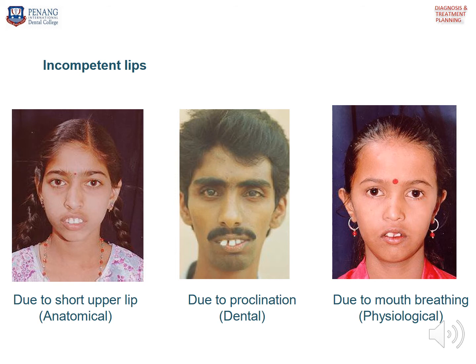If the incompetent lips are due to proclination of the upper incisors, usually this can be corrected to become competent after braces treatment, after orthodontic treatment. And then another one, incompetent lips due to physiological problem. The patient will have mouth breathing that causes the lips to be incompetent.